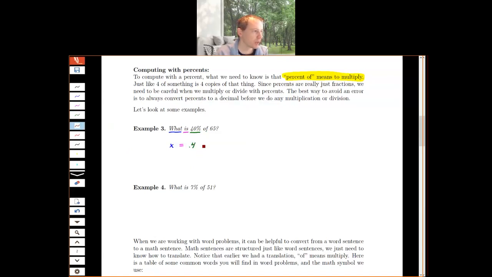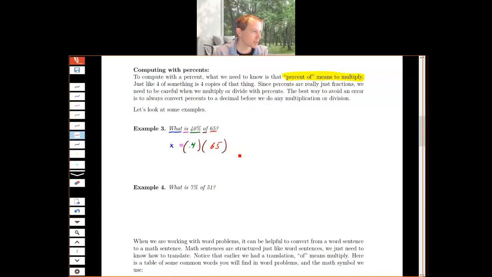Okay. So when I have decimal numbers, I like to put them in parentheses for multiplying, because if I put like a dot, that can get confused if I'm sloppy, and it might look like a decimal point, okay? And if I put like a little x or something like that, well, that gets confusing because I already have an x in my problem, okay? And then I have my number 65. So then I just have a math equation, and I can see, okay, percent of means multiply. So I have 0.4 times 65, okay?